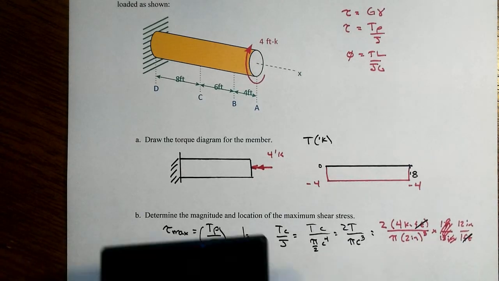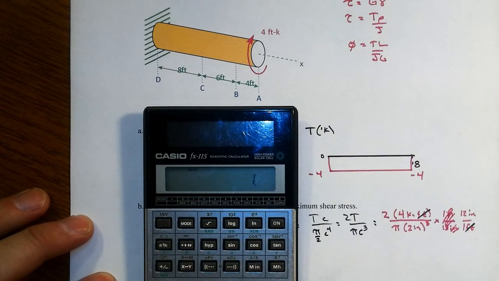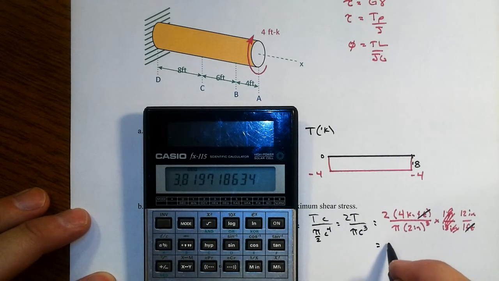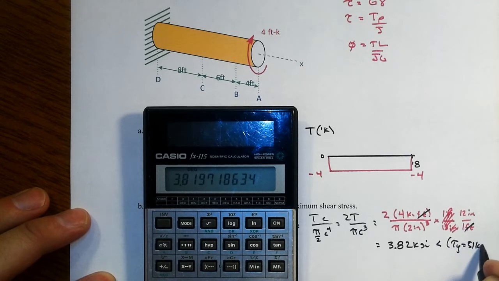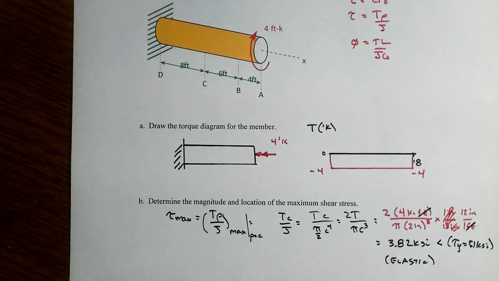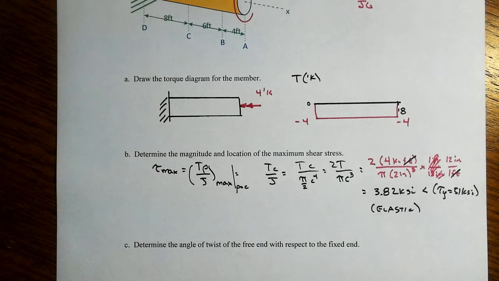And so we're going to get 2 times 4 times 12 divided by pi divided by 2 cubed, which is 8, and that will be 3.82 ksi. That's much less than tau y, 51 ksi, so we are in the elastic region, so all of our models are valid, and we have a correct model for the max shear stress on the cross section.